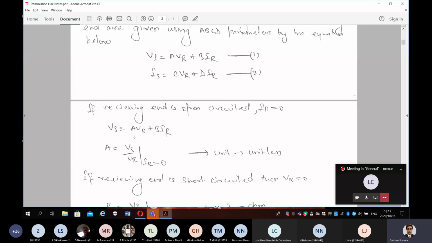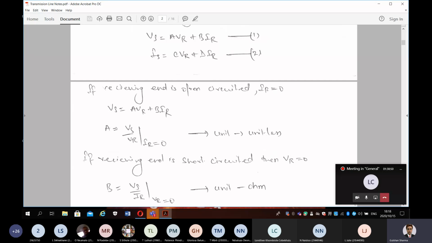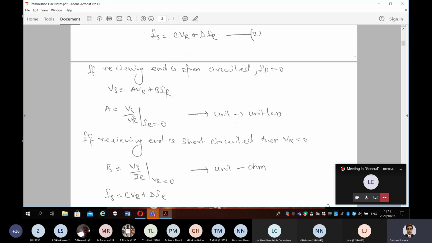So if I have the sending end voltage as well as the receiving end voltage, assuming that the circuit is open circuited, meaning IR is 0, I can find the value of constant A. It is a unitless term.